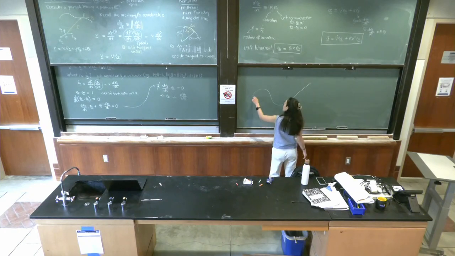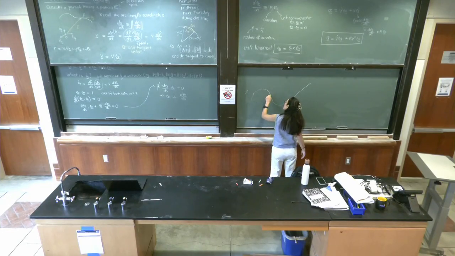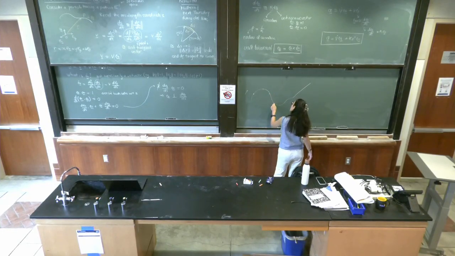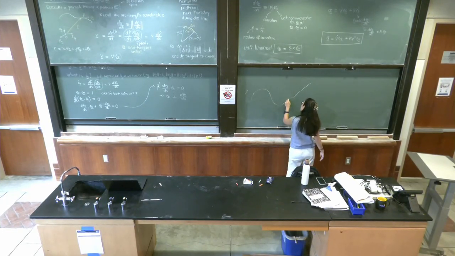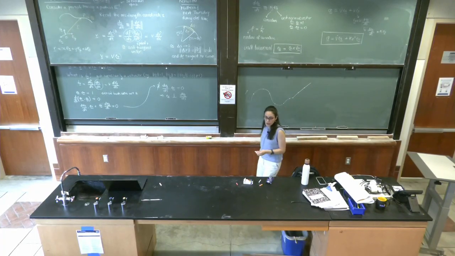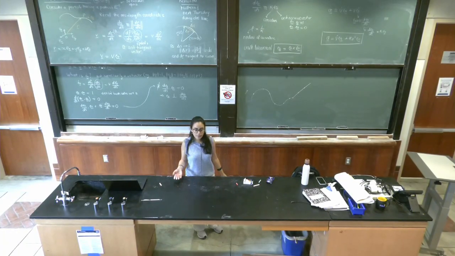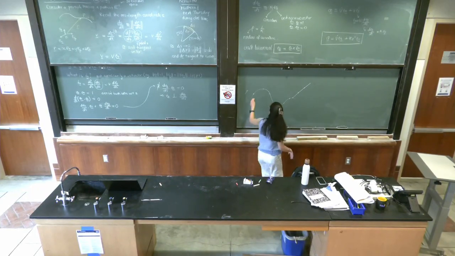So let's take, the particle is going like this along the curve. Okay. So I will start with the unit tangent vector. How do I draw Et? It's always tangent to the curve, right?